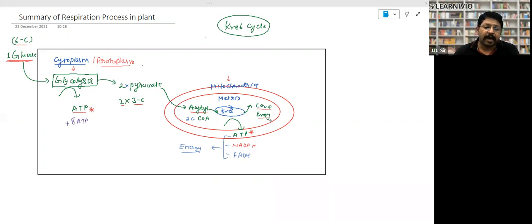Carbon dioxide will be formed and energy will be produced. Energy will be produced in the form of ATP, NADH, and FADH.